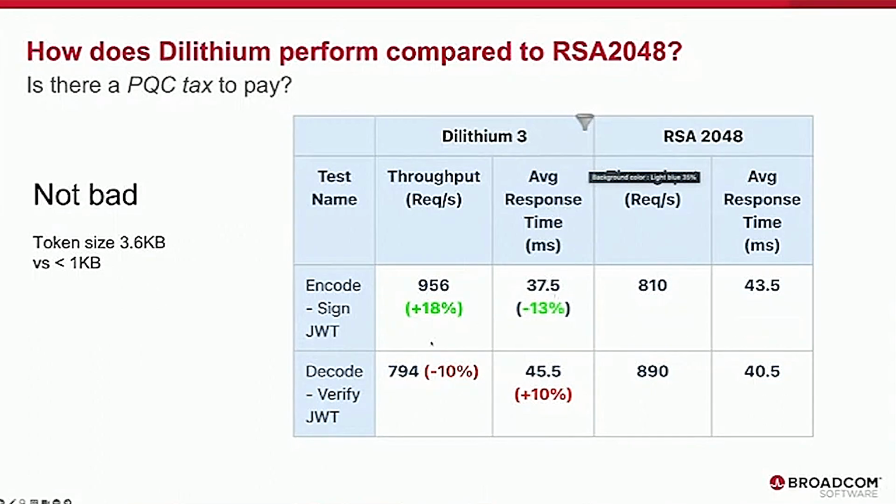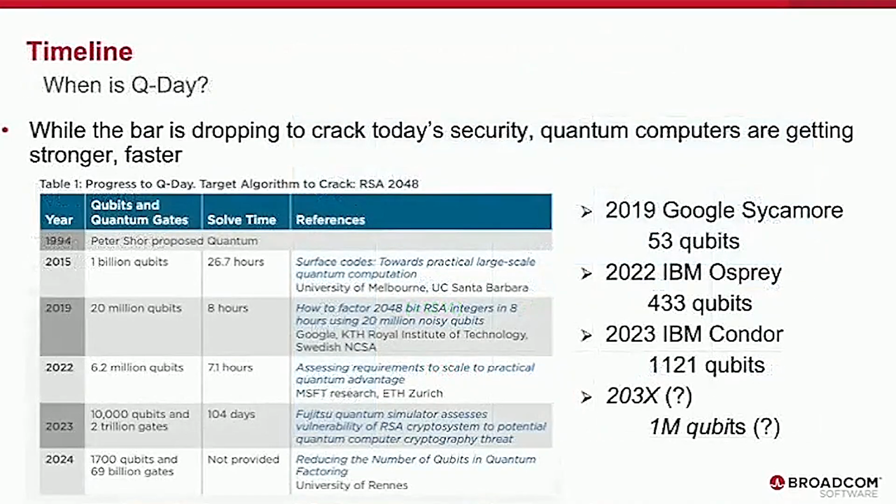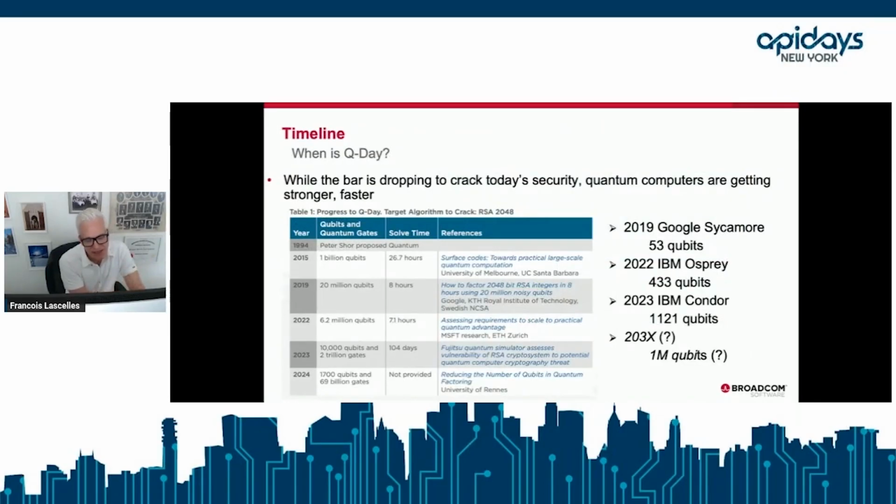And on the validation of that signature, the decoding of the token itself, we did see a little bit of a performance degradation, but nothing significant that indicates that there would be a significant tax to pay for switching over to PQC. So far, great news. And it's great to prove the concept on our side, make sure that we have that crypto agility and we're prepared for this.